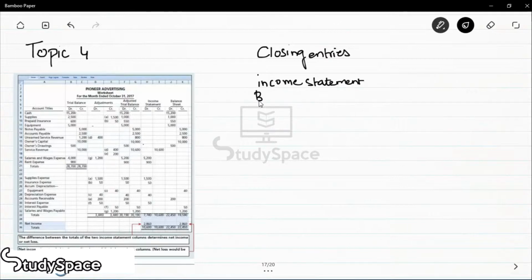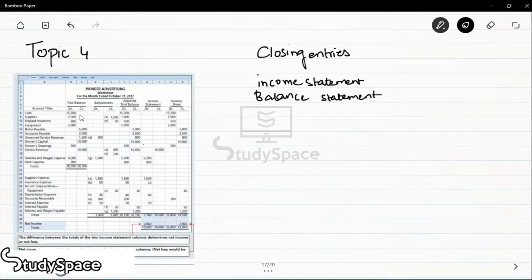What is a worksheet? A worksheet is basically a separate format of accounting statements, which makes it easier for us to identify and compare different accounting books.